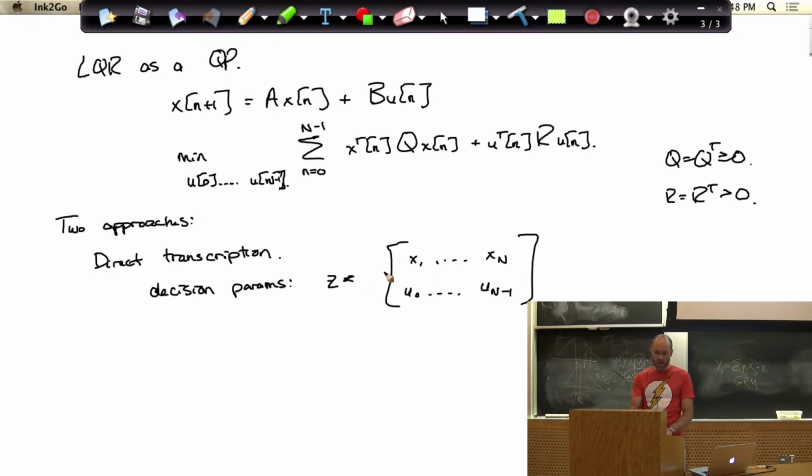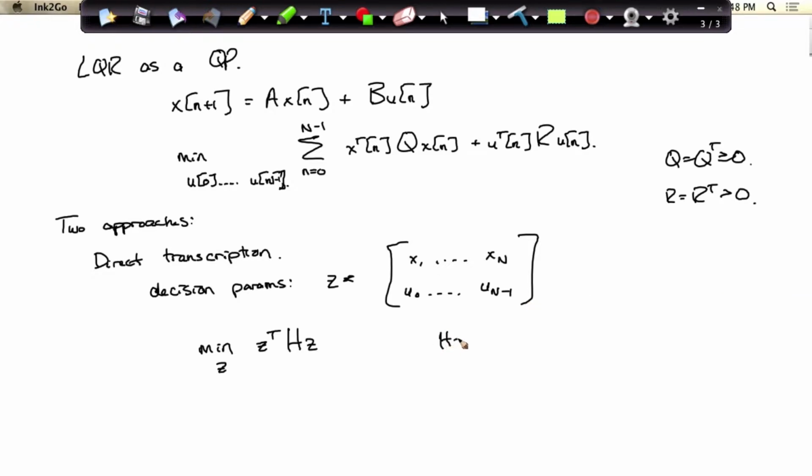And then I can just write down some minimize over z, this quadratic function. It's going to be, call it h, some big matrix H, right? Where H is going to look like Q, Q, Q for a while, R for a while, depending on how I ordered them.